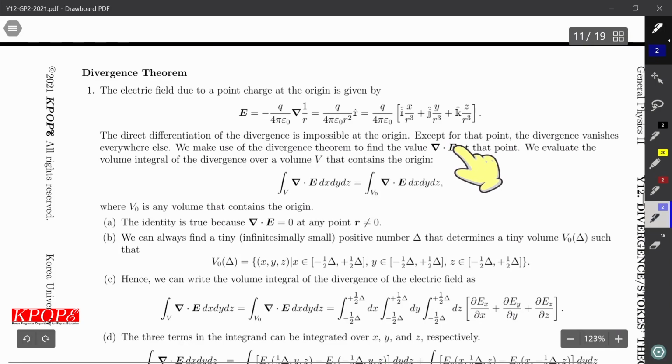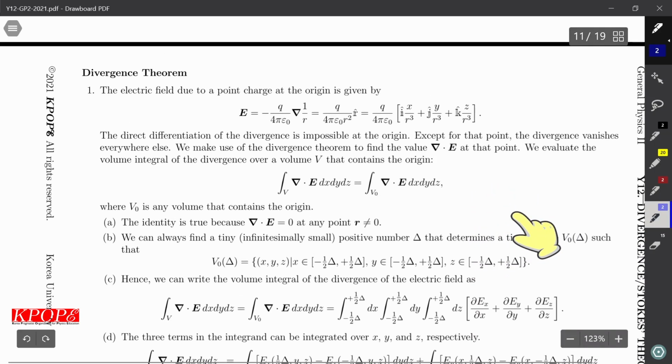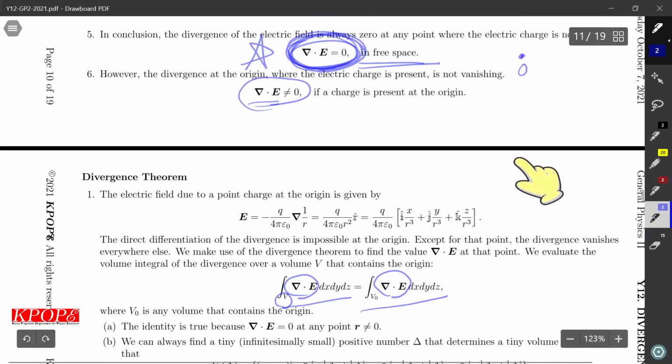Let us consider the divergence theorem. Divergence theorem is such that this is divergence, and we carry out the volume integral in arbitrary volume containing the origin. We have seen that the divergence of the electric field is vanishing.